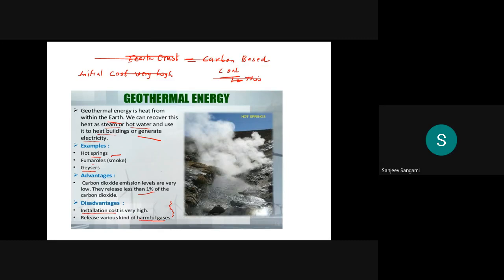And one more thing is the harmful gases. The main harmful gases are H2S and carbon dioxide. This is very important. Wherever sulfur-bearing rocks are there, you may get these kinds of gases.